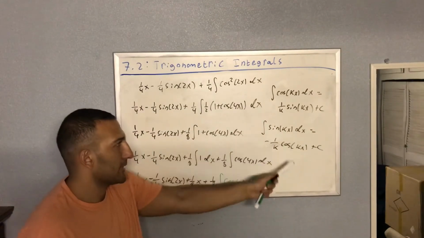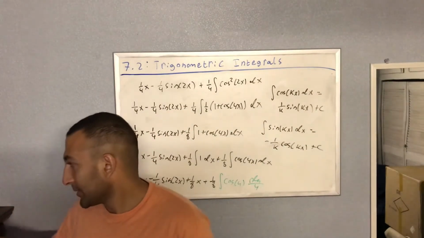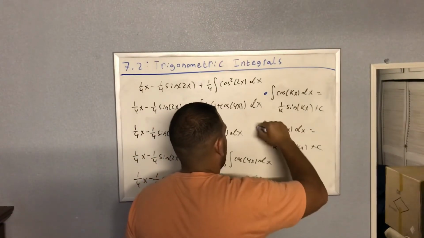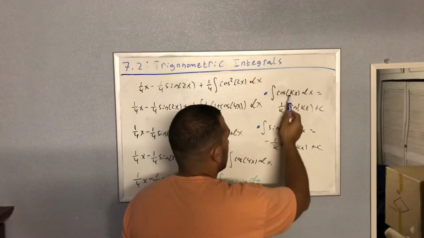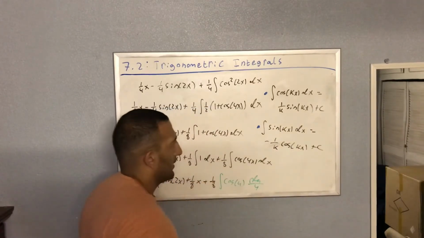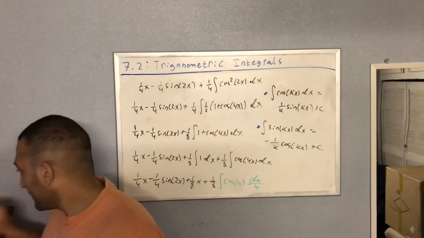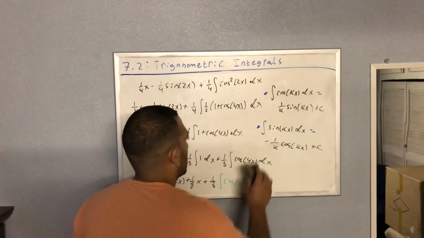We might prove these in class, but those are pretty handy formulas here. So we've seen examples of this where k is 2 and like k is 4.